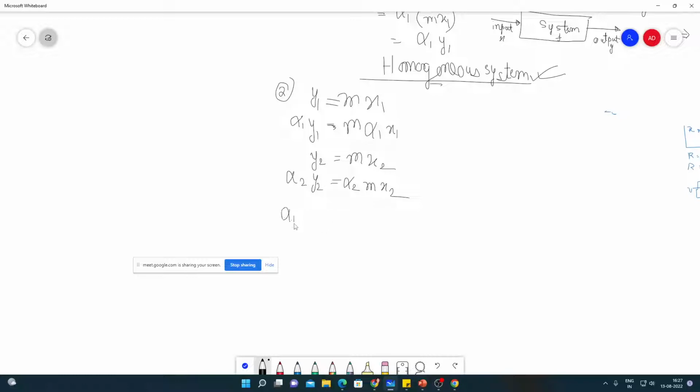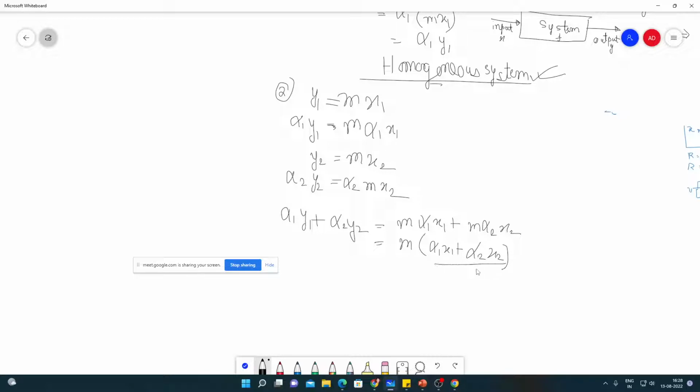So alpha 1 y1 plus alpha 2 y2 equals, what can I get? m alpha 1 x1 plus m alpha 2 x2. I can take m common, and collecting the terms I get m times alpha 1 x1 plus alpha 2 x2.